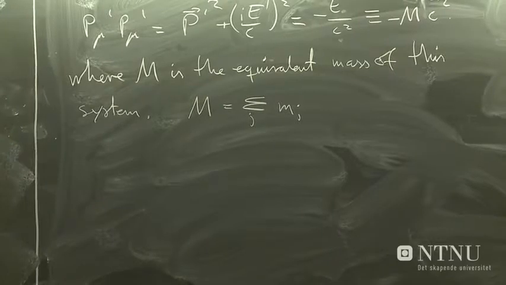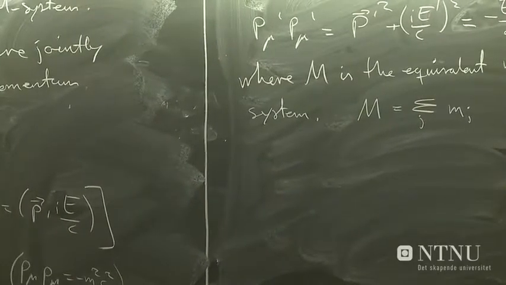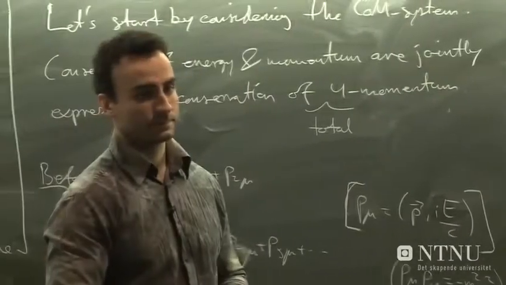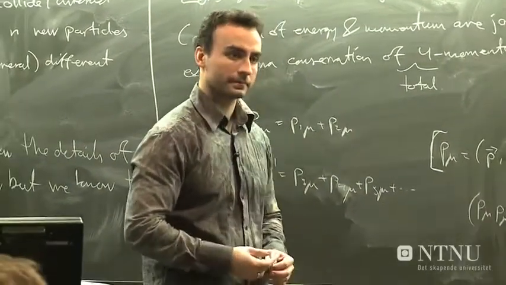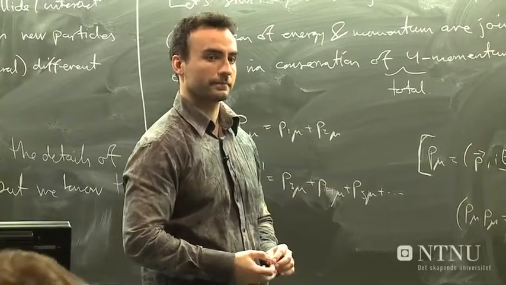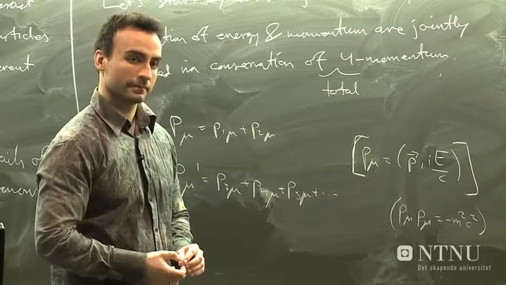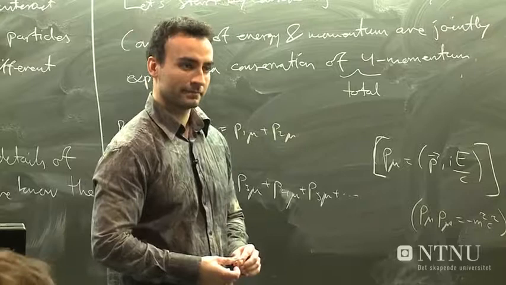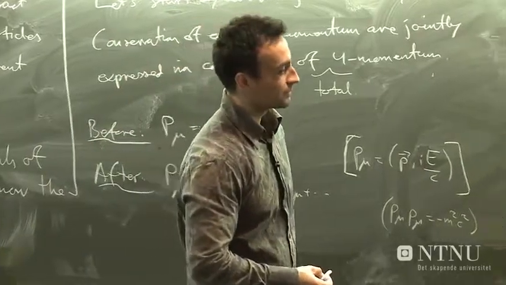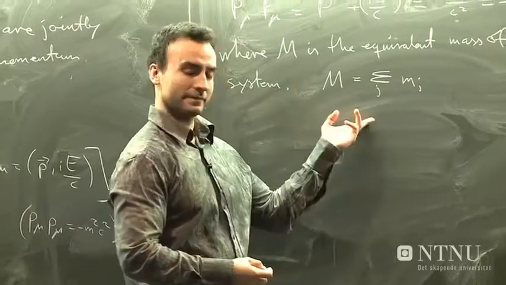I'm proposing that the equivalent mass of the system is equal to the sum of all the masses of the particles after the collision. Would you say that this is true or false? I see we're a bit in overtime, so you'll get the answer next time.